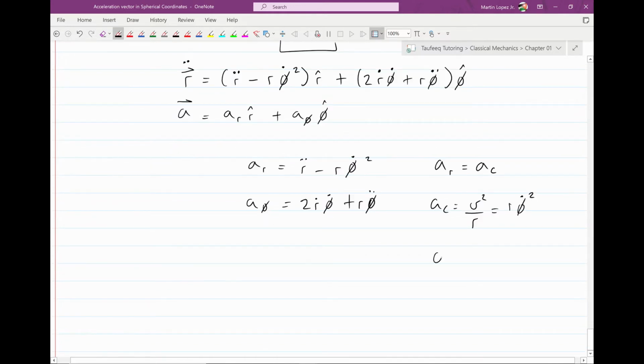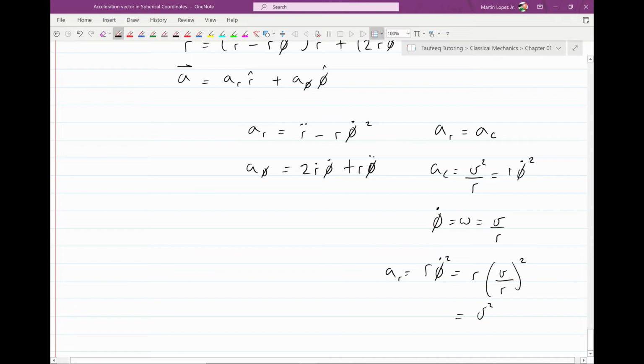How is that? Well, remember, phi dot is just equal to omega. It's just another label for that quantity, for the angular velocity, and this is equal to v over r. So if we plug this in, r phi dot squared is equal to r times v over r squared. So this becomes v squared over r. And we're good. That makes sense.